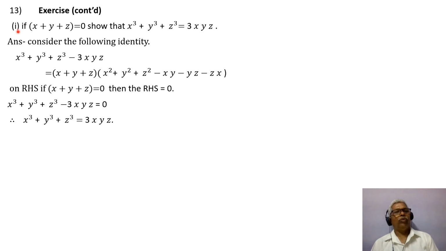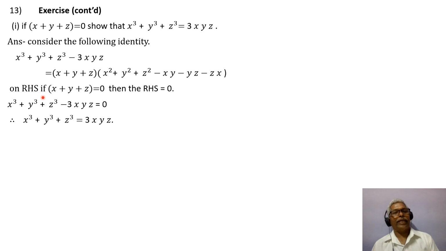Okay, next one, if x + y + z equals 0, show that x³ + y³ + z³ equals 3xyz. Okay, answer, consider the following identity: x³ + y³ + z³ − 3xyz equals (x + y + z) in one bracket, and another bracket is x² + y² + z² − xy − yz − zx. Okay, bracket complete.